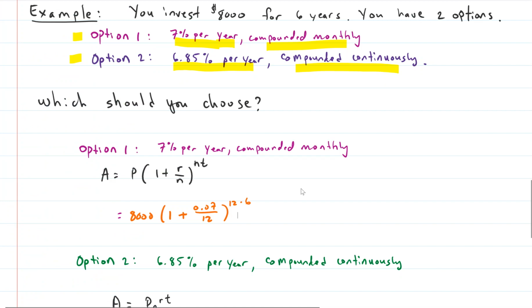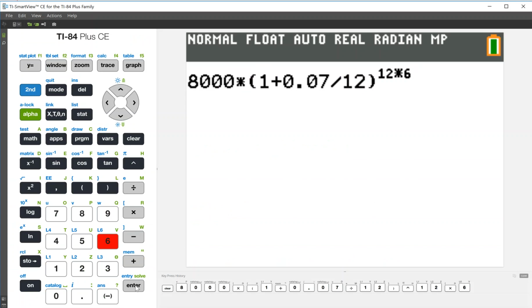Let's make sure I did that right. 8,000 times 1 plus 0.07 divided by 12, 12 times 6. I think we got it. Enter.